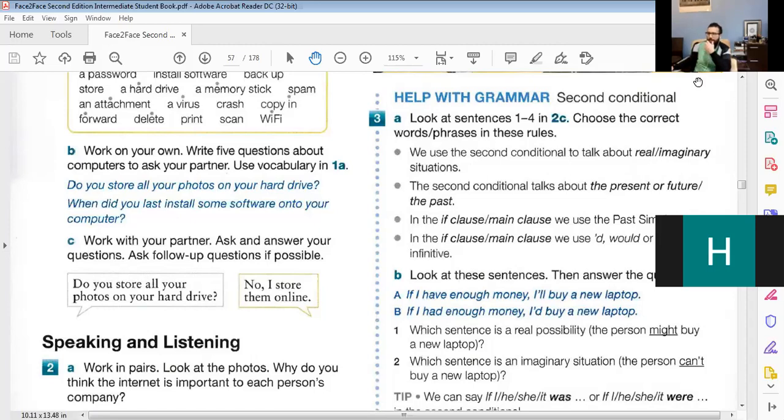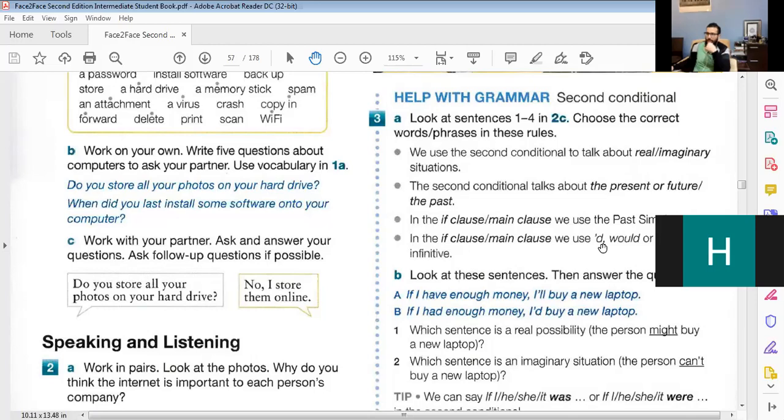And the second thing is the second conditional also talks about something which is in the present and future. It's not in the past. So this is the second thing you need to keep in mind. And we agreed that in the if clause, we use past simple. And in the main clause, we use would plus infinitive. Would plus infinitive, wouldn't plus infinitive. It's the same, positive or negative.